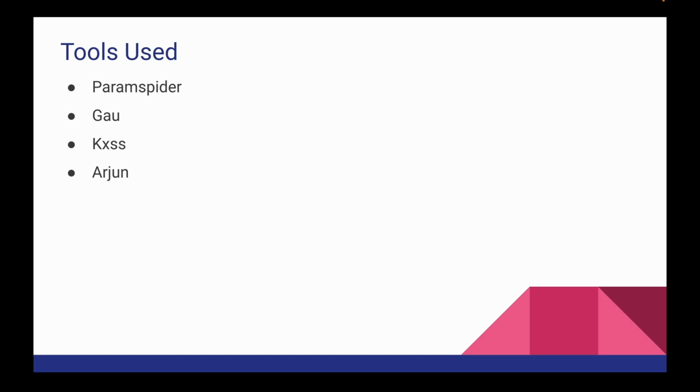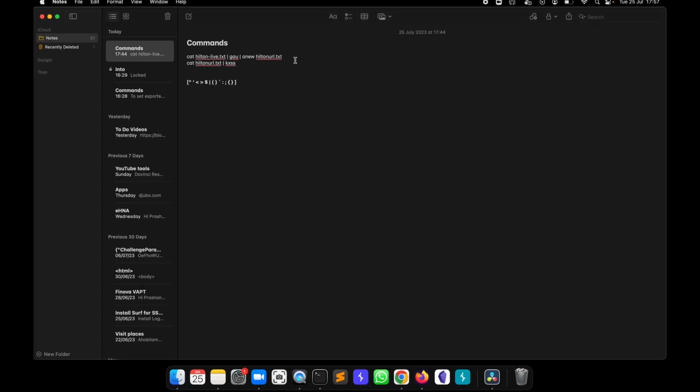So you might build an XSS payload on these vulnerable URLs. So what is the command that needs to be run to use this particular tool, GAU?